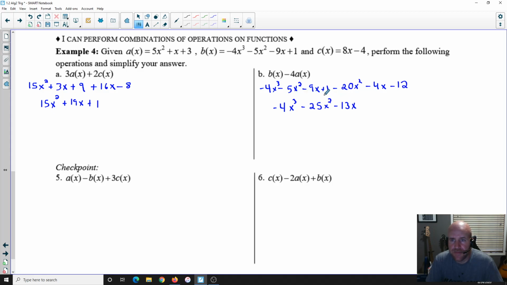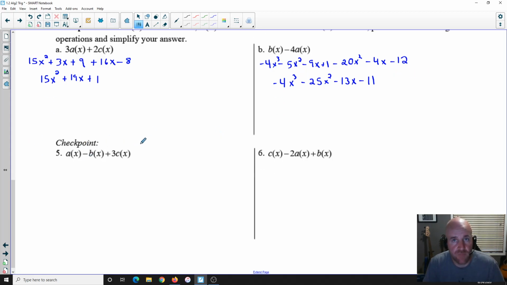And now my constants. So I have a positive 1 and a negative 12. So that would be negative 11. So we're all done. So if you do it in that order, from high exponents to the lowest to a constant, your final answer is going to be in standard form, which means highest exponent first and descending.